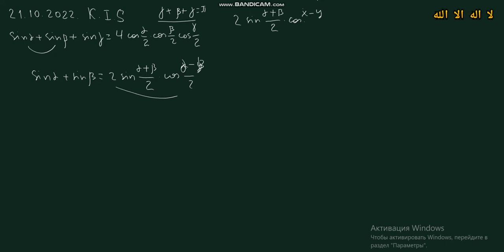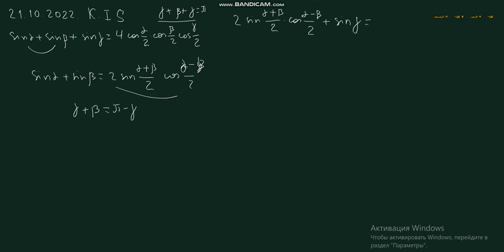Let me correct. We should use x and y, also alpha and beta, there is no difference. Cosine of alpha minus beta over 2, and then I write the other term, which is sine of gamma. From the given condition, I find that the sum alpha plus beta is equal to pi minus gamma.